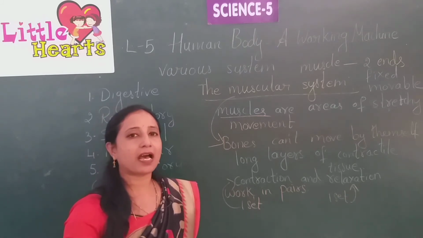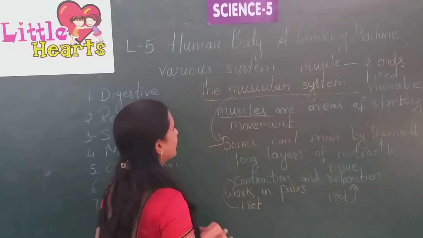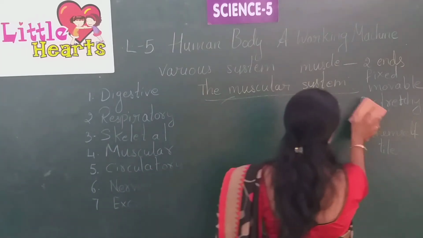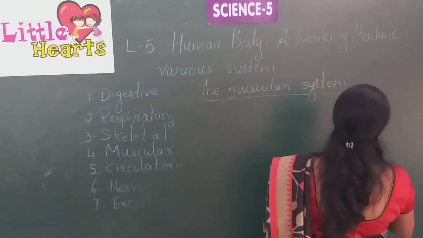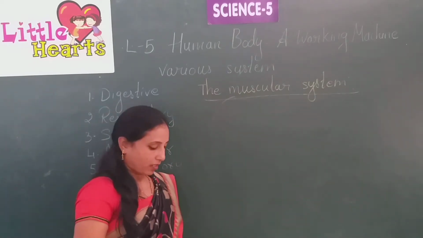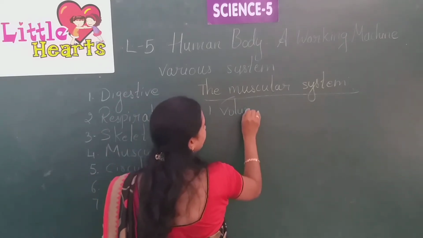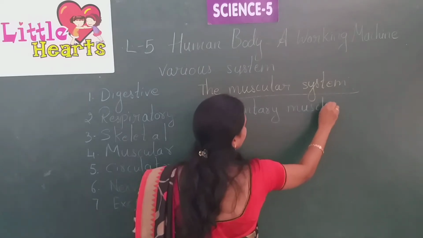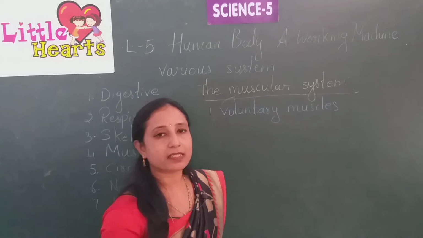So muscles are of three types. What are those muscles we are going to learn now? Okay, the first one is voluntary muscles. So what are these voluntary muscles?